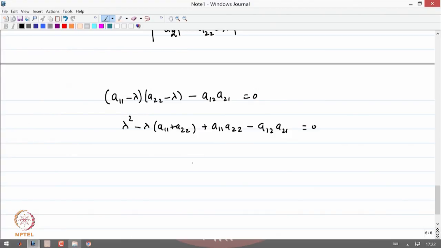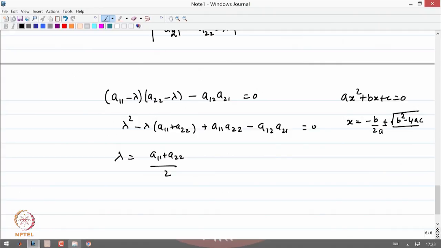This is the standard form of Ax square plus Bx plus C. Therefore, lambda can be written as minus B by 2, where B is the coefficient here. If you remember, for Ax square plus Bx plus C equal to 0, x is minus B by 2A plus or minus square root of B square minus 4AC by 2A.